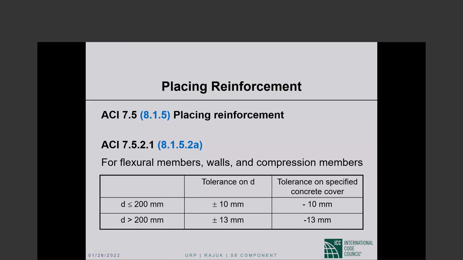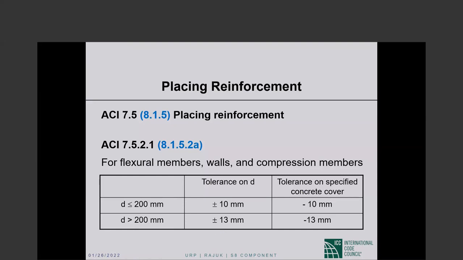It used to be minimum cover in ACI 318, but at one point, I don't remember, 318-02 or 08, we went to specified cover, like specified compressive strength. The engineer specifies the cover, and what we get is the specified value subject to tolerances.